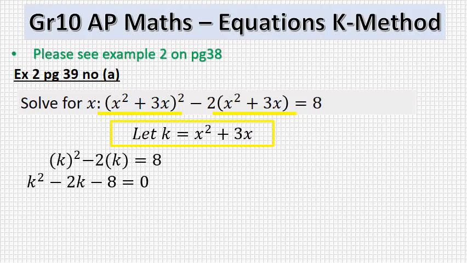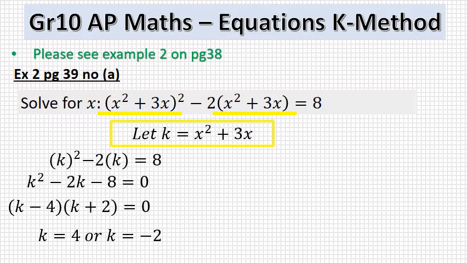And that is a beautiful trinomial that we can factorize into 2 brackets. Now either k minus 4 equals 0 or k plus 2 equals 0. So if you were to kick the constants over to the other side of the equal sign, you will see that k equals 4 or k equals negative 2.